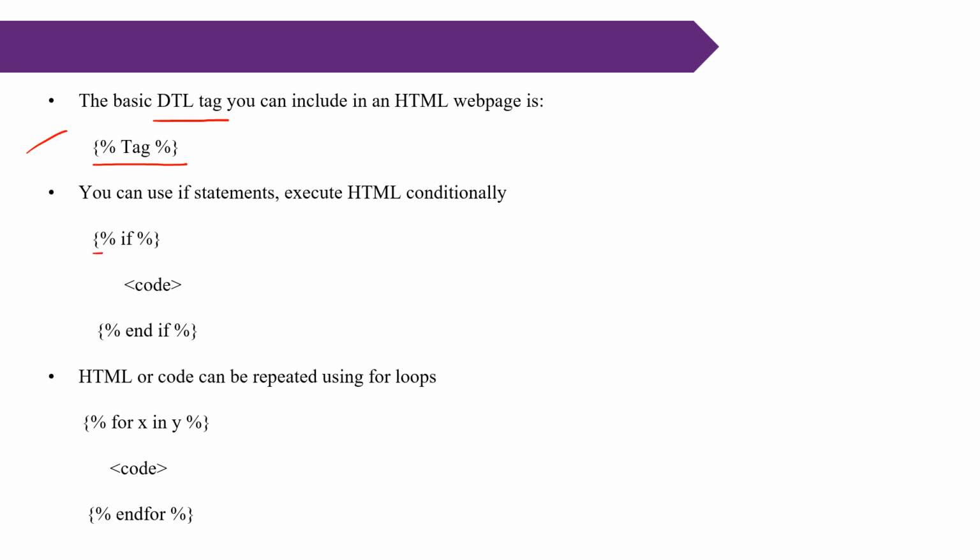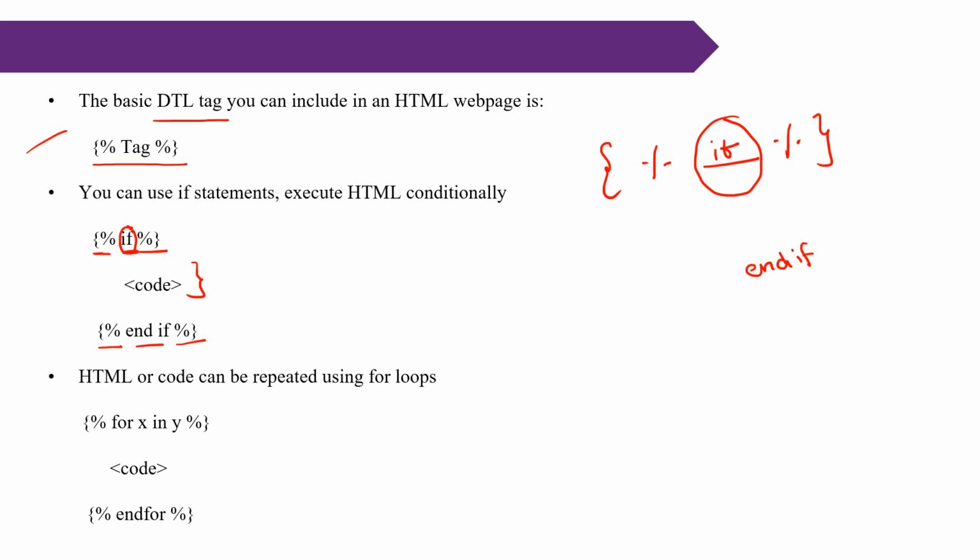Exactly, flower bracket percentage, and here my tag is if. Whatever code you write, if the condition is satisfied, that code is executed. After that, you close with another tag. Here you write if, and at the end you write endif.